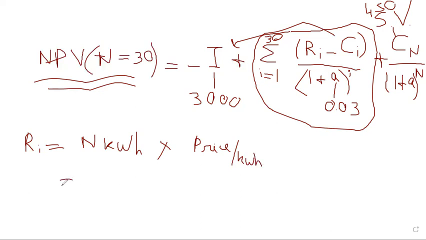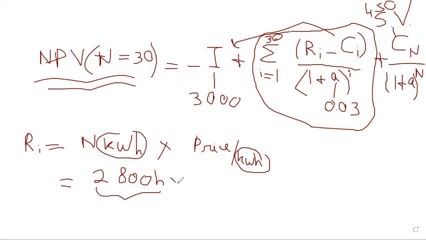Now, concerning the number of kilowatt hours, they told us that the number of operation hours per year of this turbine is 2,800 hours. Just pay attention to units. This is the number of hours, and since here we have the price per kilowatt hour, we should multiply by the number of kilowatt hours. So we should multiply the number of operation hours by the power of the turbine in kilowatt.